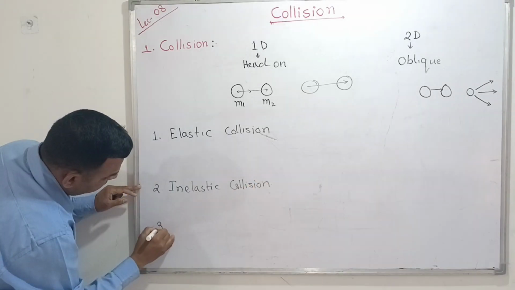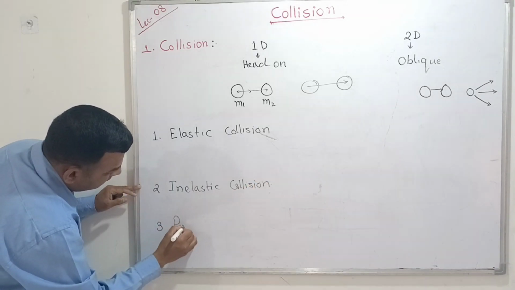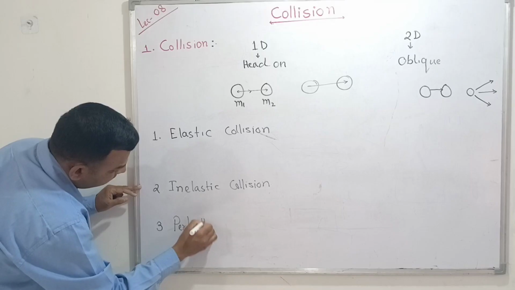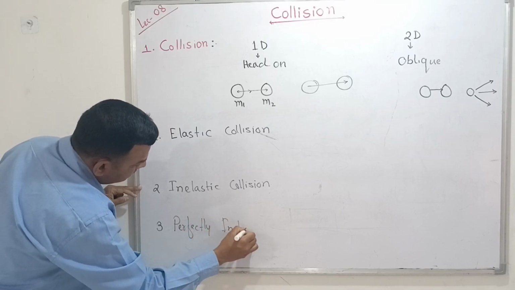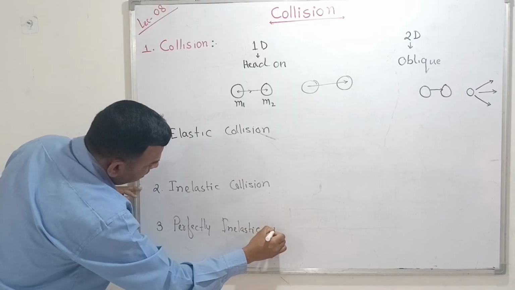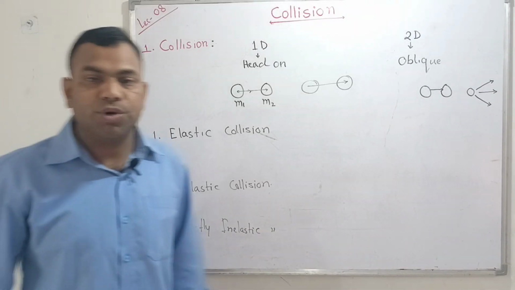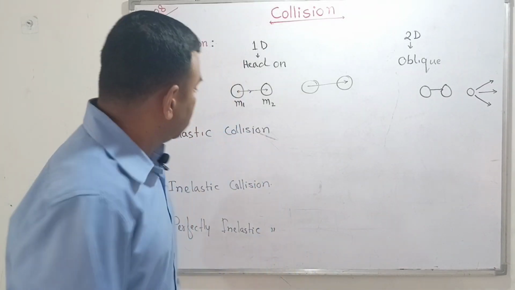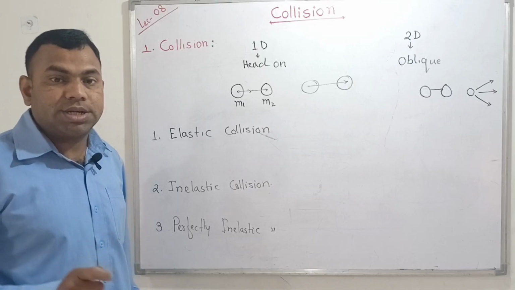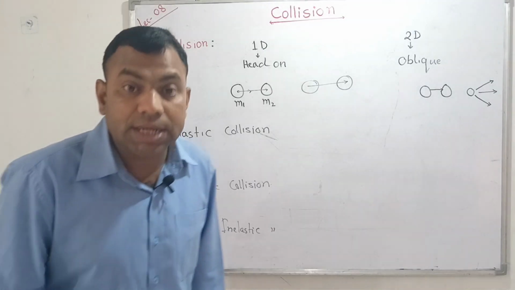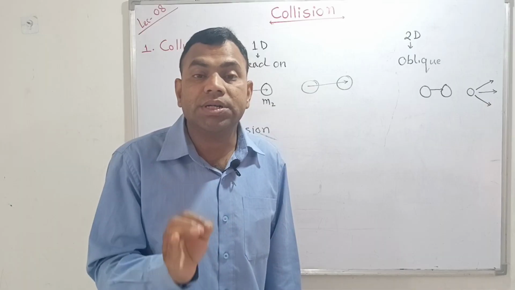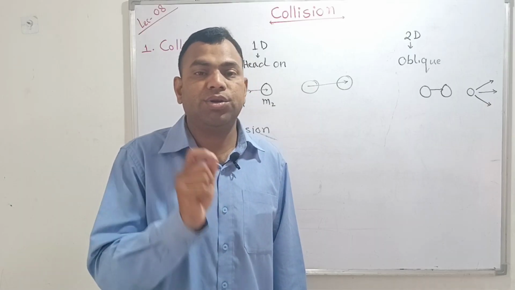And the third one is perfectly inelastic collision. These are the three categories of collision. So we will discuss them one by one. What is the difference? First, we must understand that in all three categories, linear momentum is conserved. So from now onward, I will talk only about momentum.